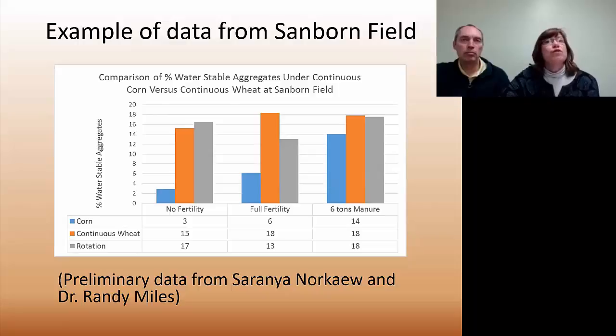Then you have full fertility with fertilizers added, and the corn has been boosted, but the other 2 are still well above it. But if you add 6 tons of manure, it greatly affects the corn system, but not to the same extent as the wheat and the more extensive rotation. So this is the sort of information that we can gather through these plots and the ongoing research there.